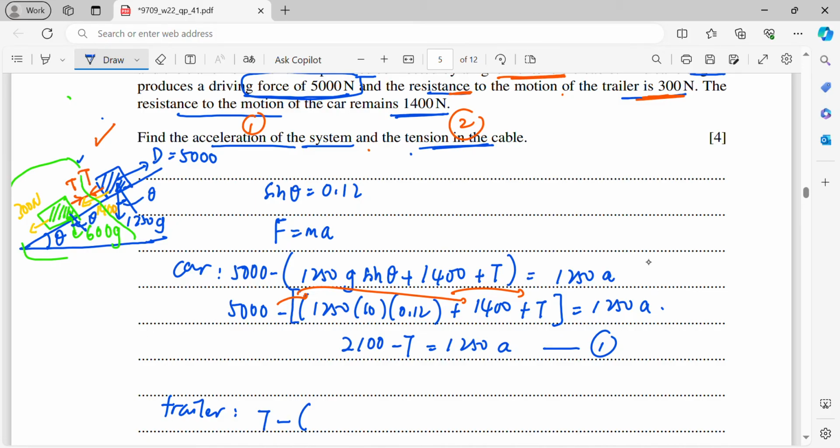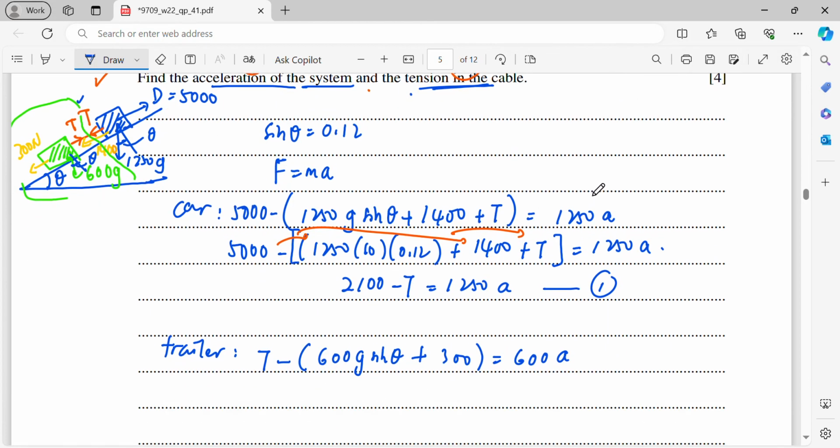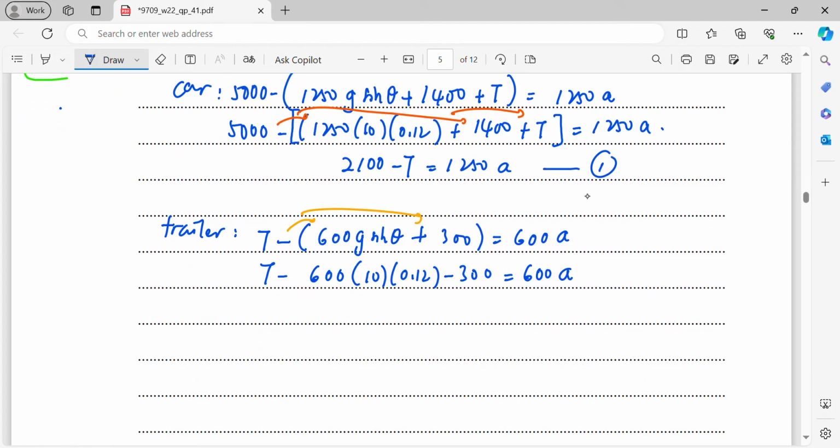So I get 600 g sine theta plus 300 newtons, all equal to 600a. Now replace first, multiplying by the minus at the same time. So I get T minus 600 times 10 times 0.12, then minus 300, equals to 600a. When you calculate, this is T minus 1020 equals to 600a. That is my second equation.